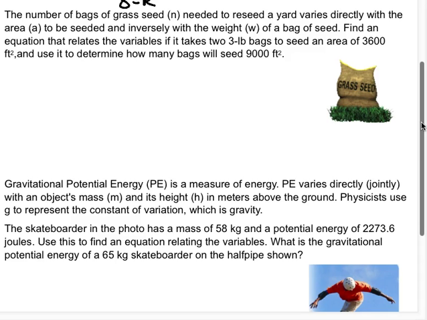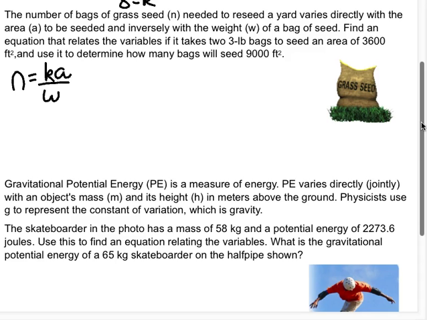Just like in every example, that first sentence always gave me the structure. So it's telling me N varies directly with the area, so that A goes on top, and inversely with the weight of the bag of seed.